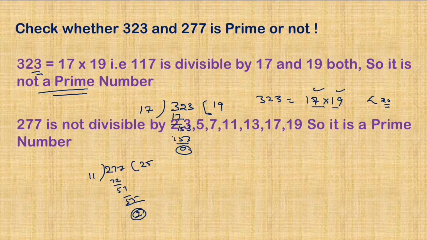Like this, we divide it by every prime number below 20: 2, 3, 5, 7, 11, 13, 17 and 19. We can see this is not divisible by any of these numbers. So we can say 277 is a prime number. So we can follow these rules to check whether a number is a prime number or not.